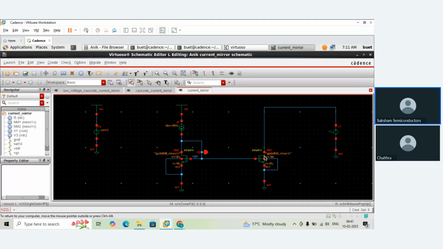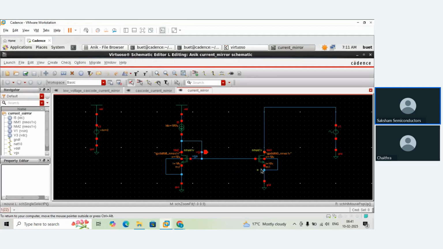When this MOSFET is pushed into the saturation region, a constant current starts to flow. The voltage at which this MOSFET is pushed into saturation defines the voltage at which the entire current mirror behaves as a constant current source.